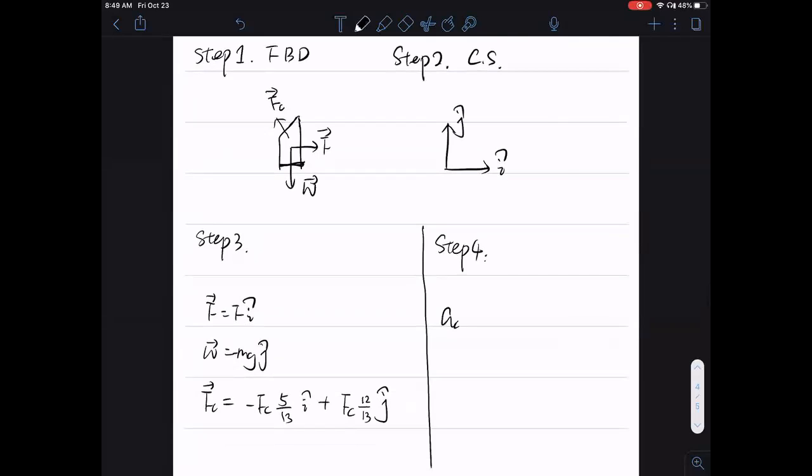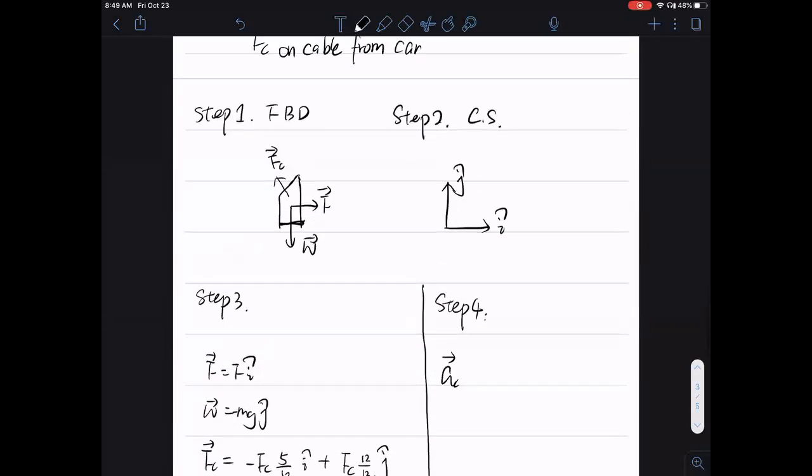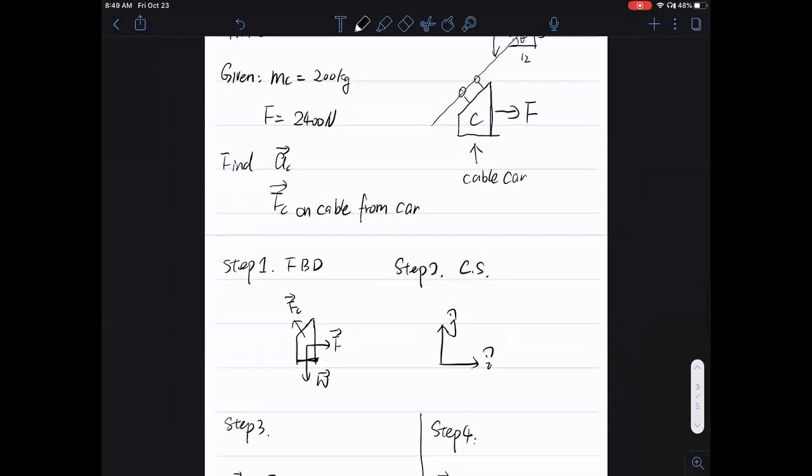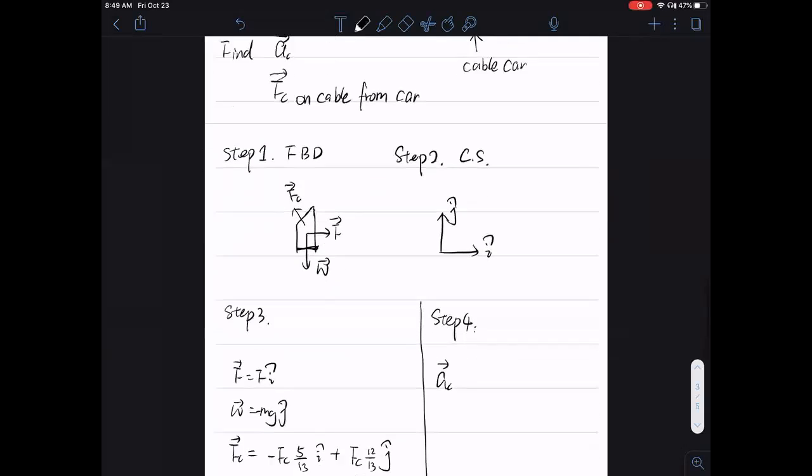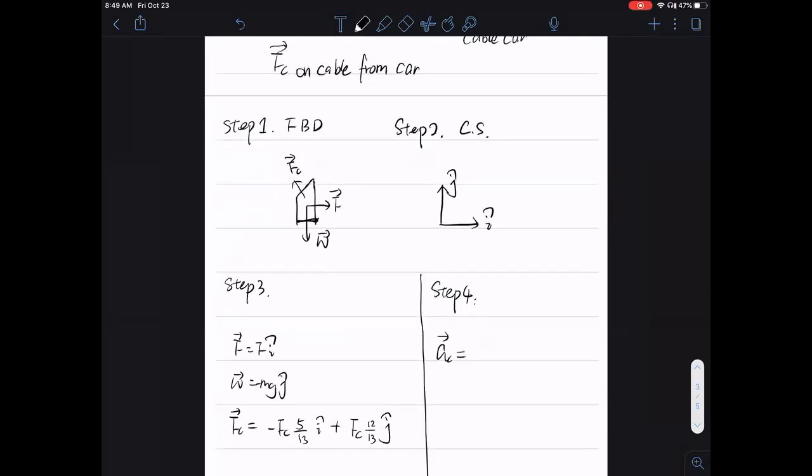For your acceleration, it's the same thing. Your acceleration AC, remember, right now the cable car is moving in both the I and J directions. In the last example, the collar stayed only in the I direction. There's no motion in the J direction. But this cable car is moving in both directions. So AC has both I and J components.